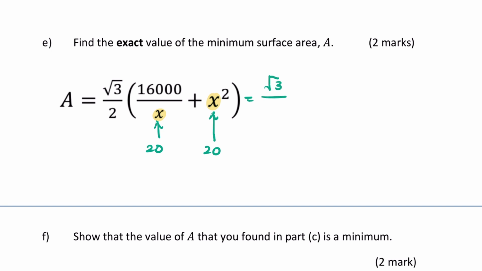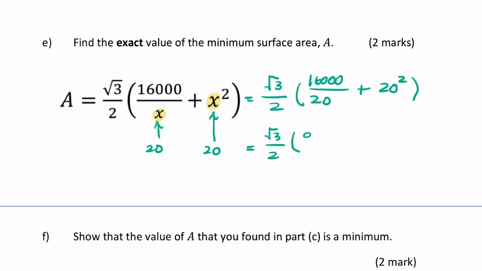So that's root 3 over 2 times 800 plus 400.